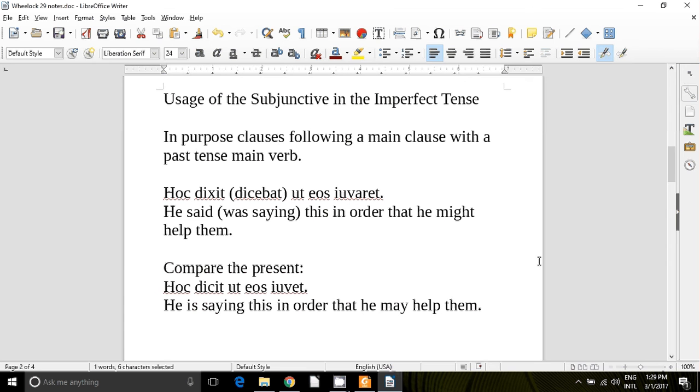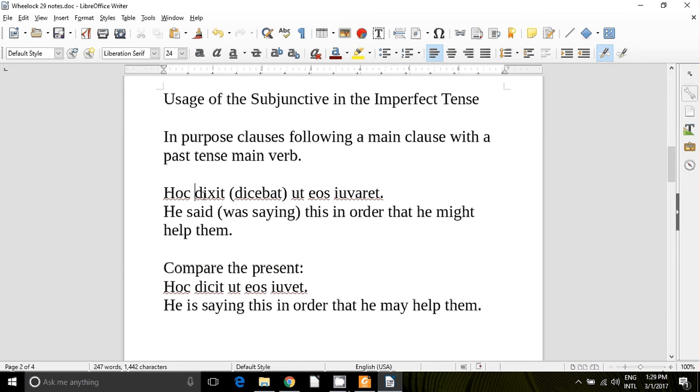Uses of the subjunctive in the imperfect tense: in purpose clauses following a main clause with a past tense verb. So take a look at this. Hoc dixit, or dicebat. Dixit is perfect tense, which is a past tense. Dicebat is the imperfect tense, which again is a past tense, talking about past time.